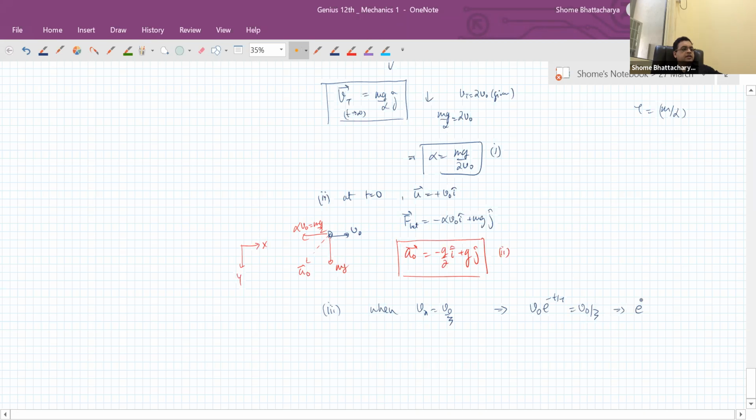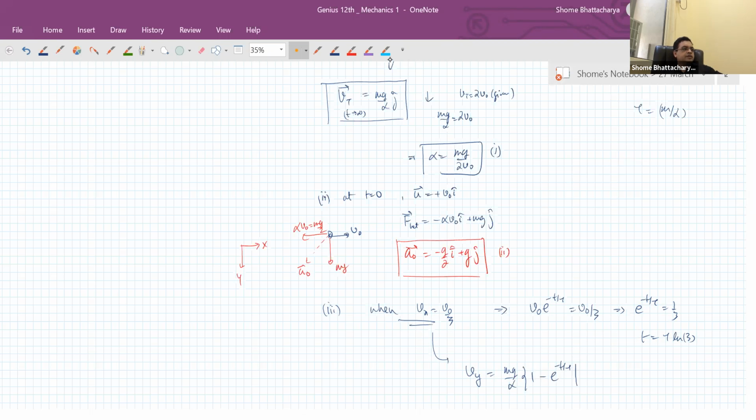So that means that the exponential factor is 1 by 3, or this time is basically tau ln 3. Okay. So at that time, Vy will become mg by alpha into (1 minus e raised power minus t by tau). So just substitute this value here, that e raised power minus t by tau is 1 by 3.